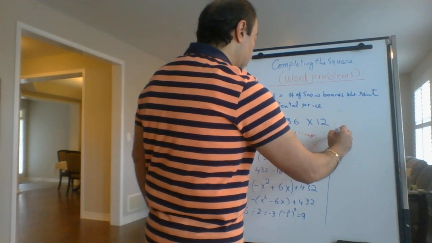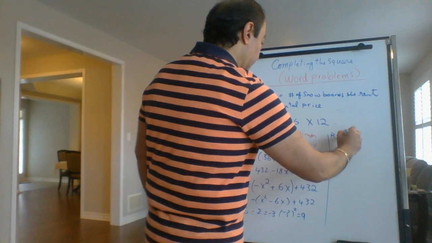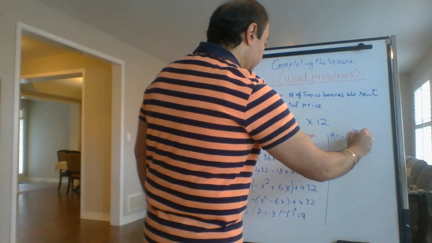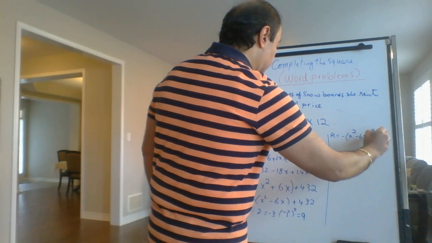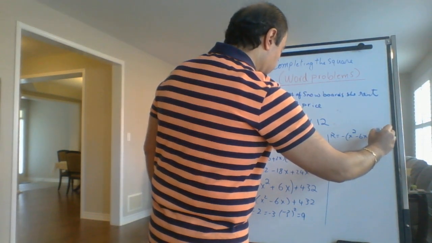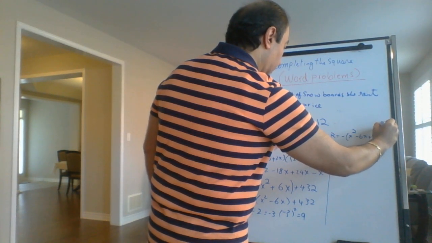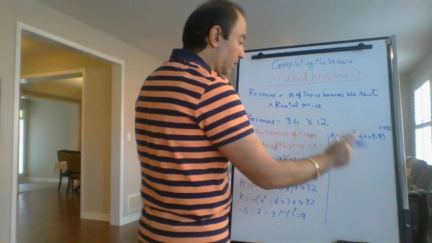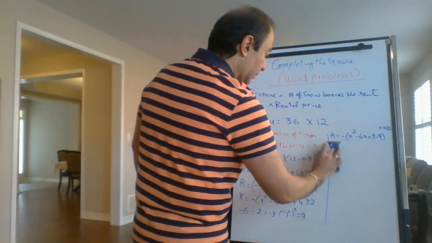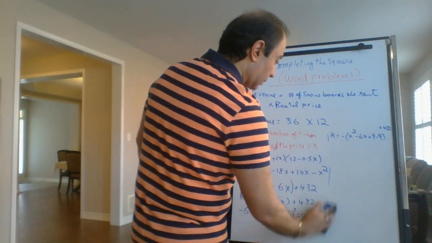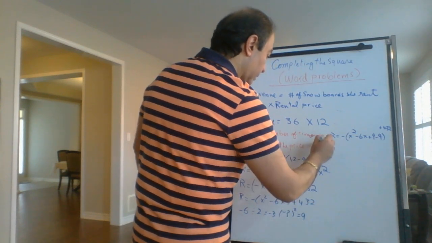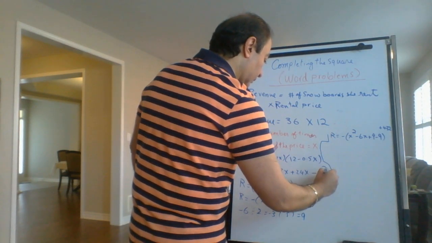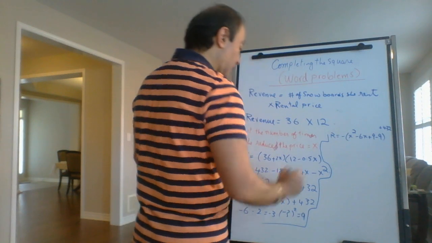So revenue will equal negative (x squared minus 6x plus 9 minus 9) plus 432. I'm sorry, the board is very tiny. I'll try to use every space.